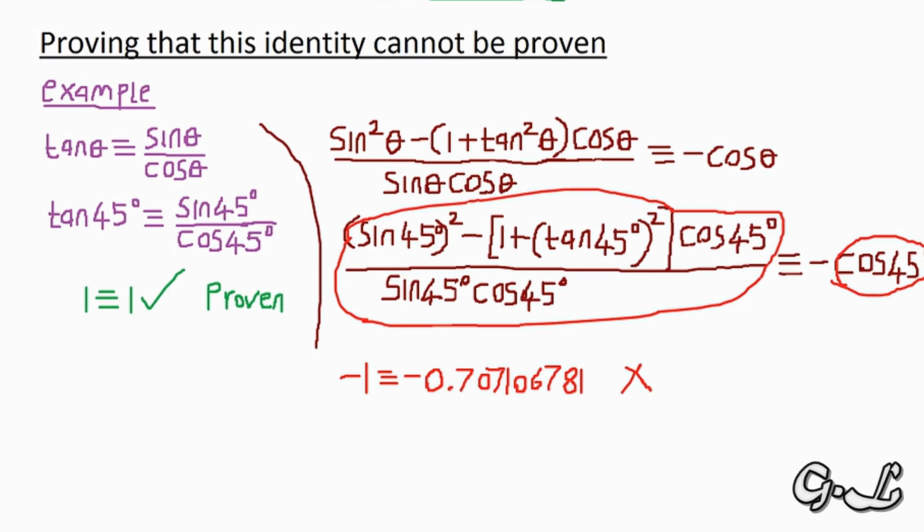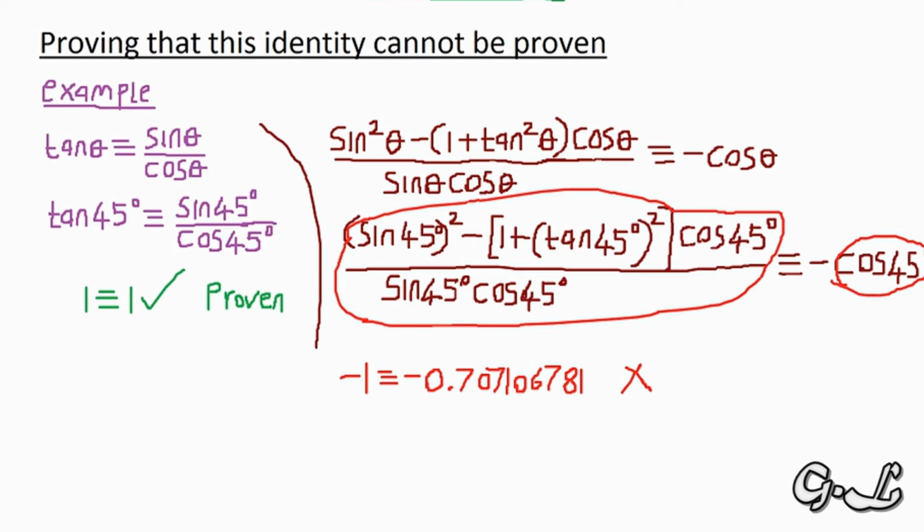Now, is negative 1 equivalent to that value? No, this is not equivalent. So now we can be 100% sure that this identity cannot be proven.